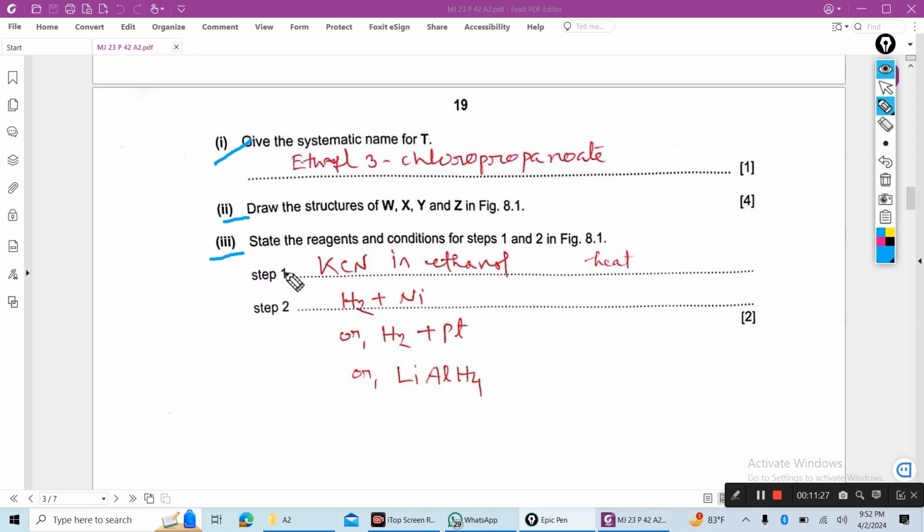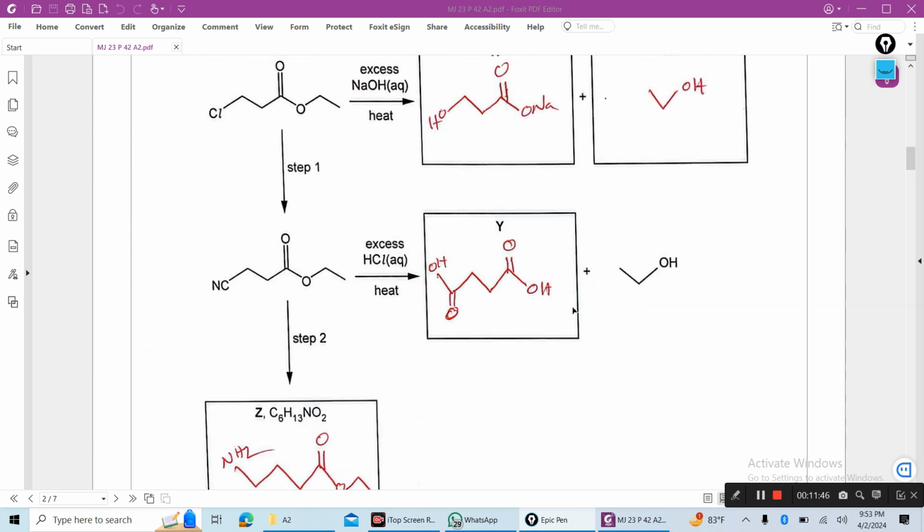Now number 3, state the reagents and conditions for step 1 and step 2. You see step 1 reagent is potassium cyanide, condition in ethanol. So step 1, you see what happened.